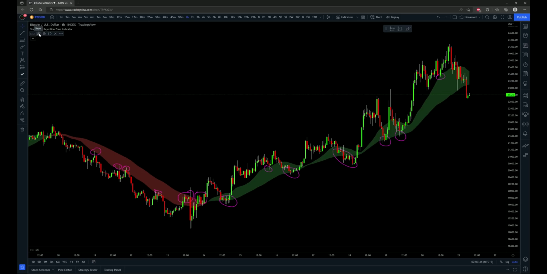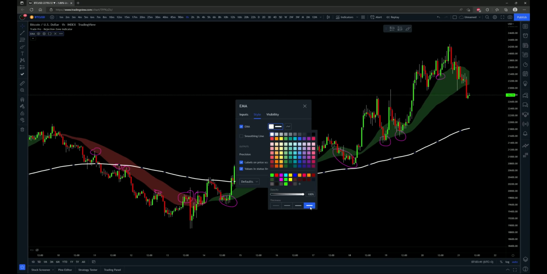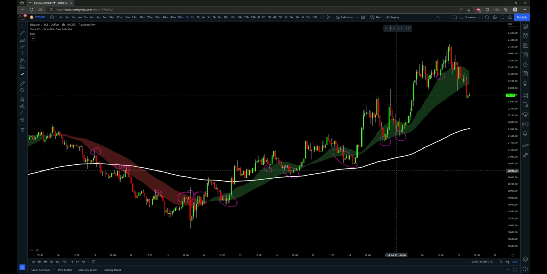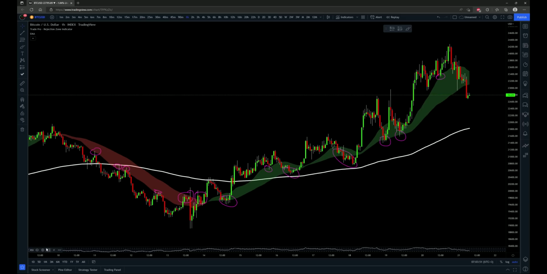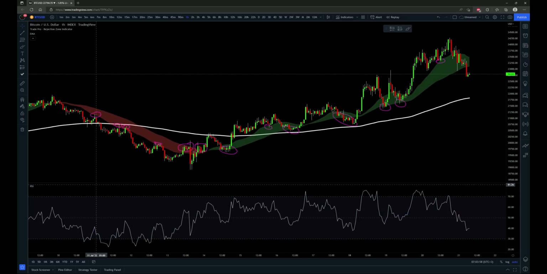I do recommend adding in perhaps a higher period exponential moving average for the longer term trend direction. So here I have a 200 period exponential moving average for the longer term trend that you can also use as a trend filter, and also something like the RSI, or maybe a stochastic RSI, or something that you can use to spot hidden and regular divergence with.